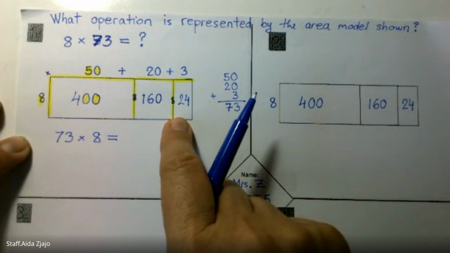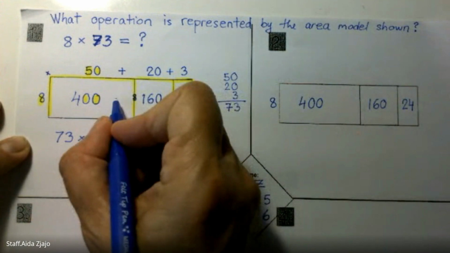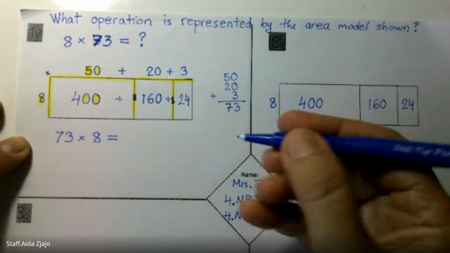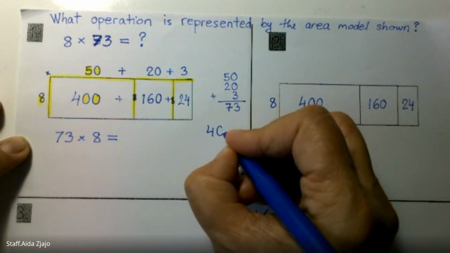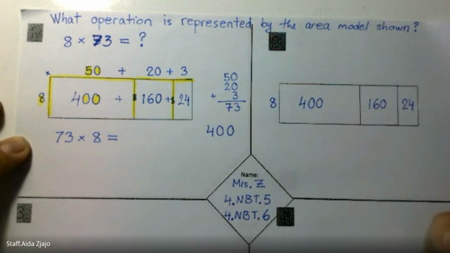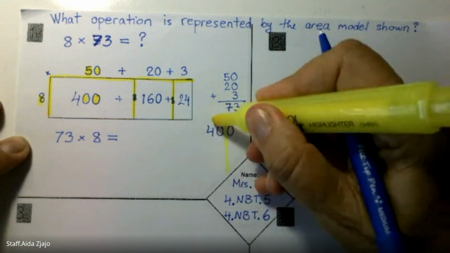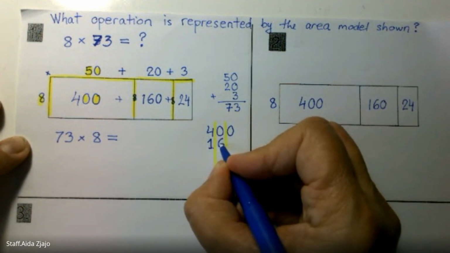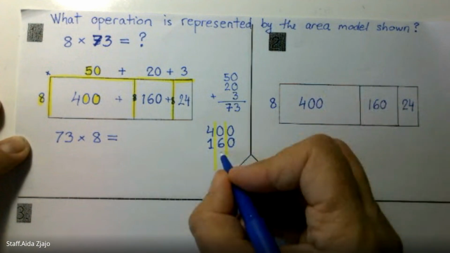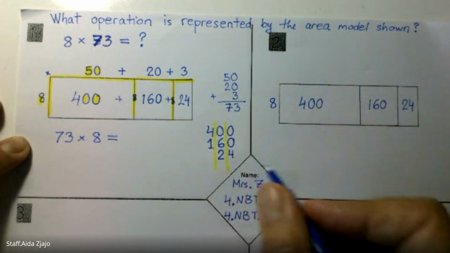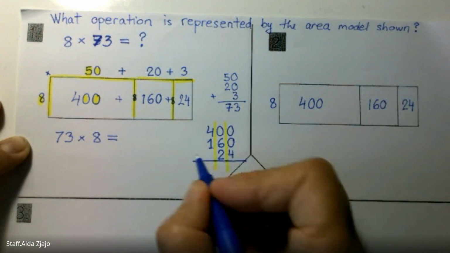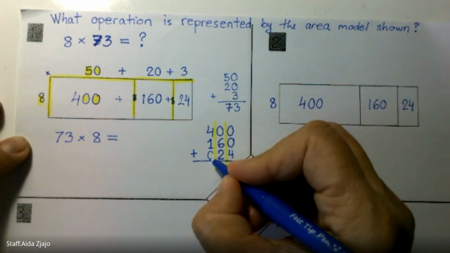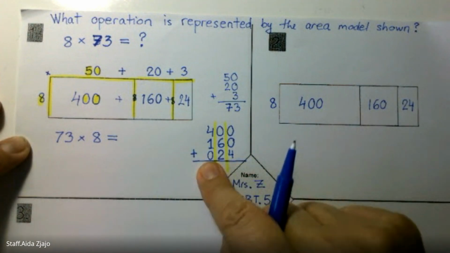If you add the numbers inside, that will be your answer for multiplication. What you need to do is put the greatest number first. To be precise, you can put the lines and then say I have 1 hundred, 6 tens and 0 ones, and then I have also 24. You can underline and add. You're allowed to put 0 here if you want to, because 24 doesn't have any hundreds.